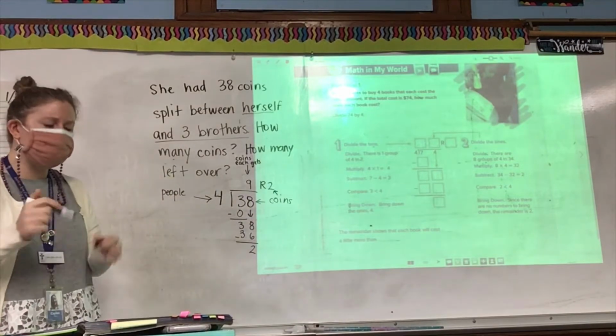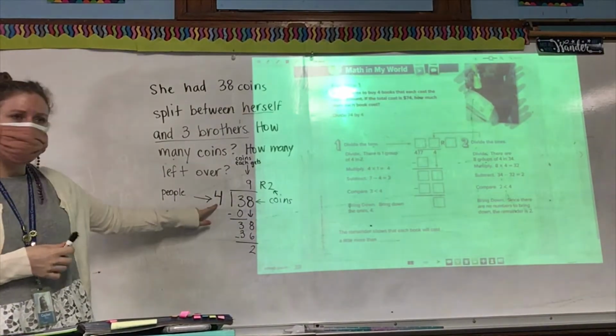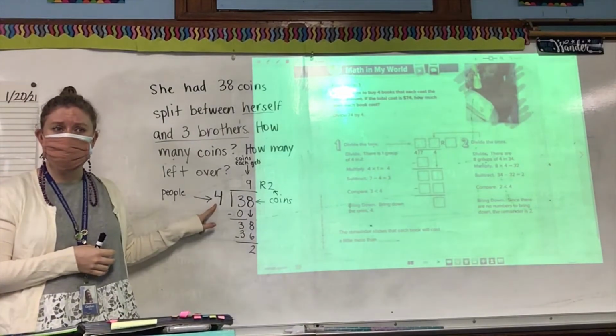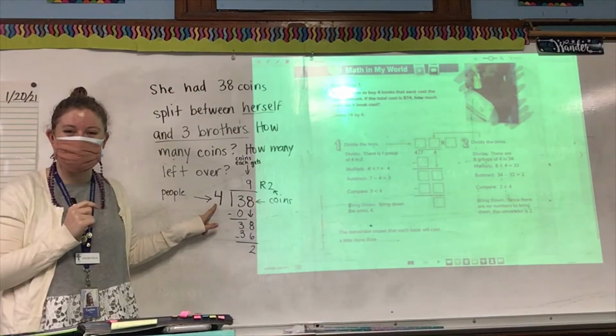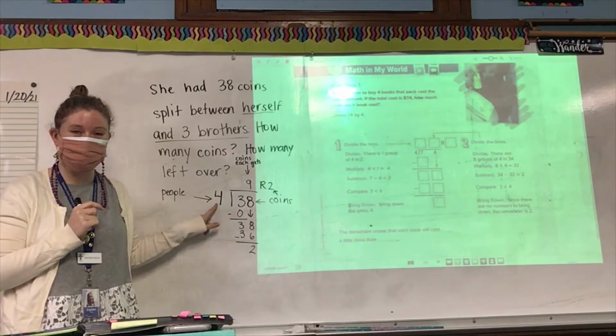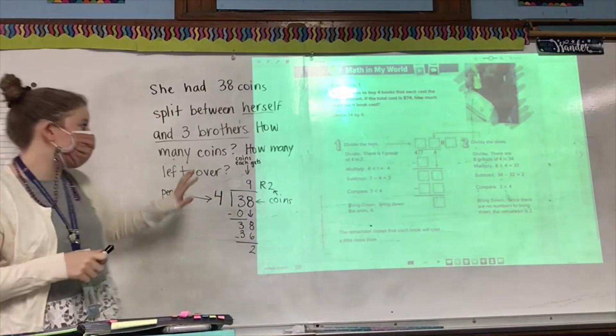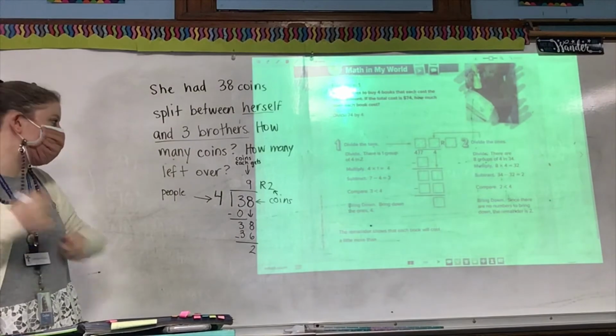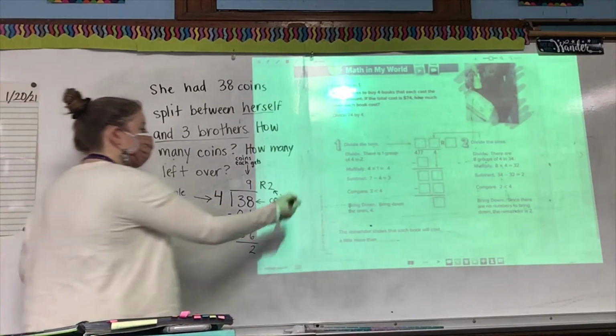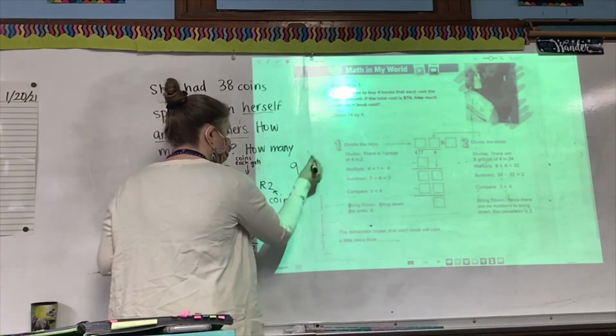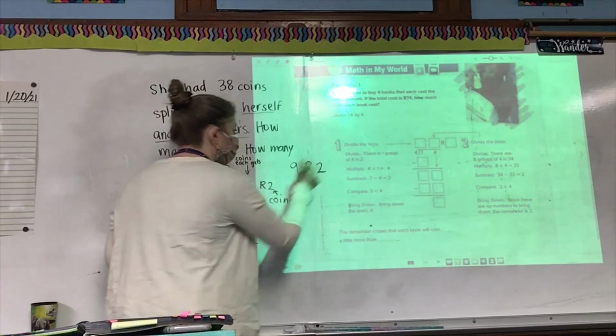But remember, sometimes in division, the divisor is the number of groups, but sometimes it's the number of items in the groups, and you're trying to figure out how many groups there are. That's why, for division, the answer to this word problem cannot be 9 remainder 2.